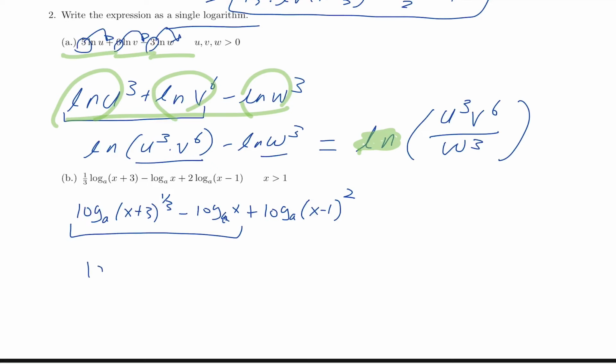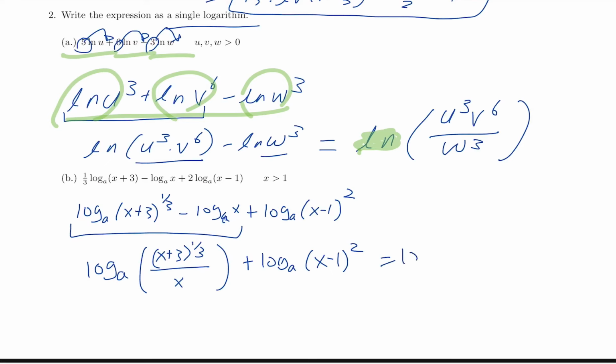Since it is subtracting and we have the same base log, we do x plus 3 to the 1/3 divided by x, plus log base a of x minus 1 squared. Now we're going to write 1 log base a, and we multiply. So we do this one multiplied by this one.